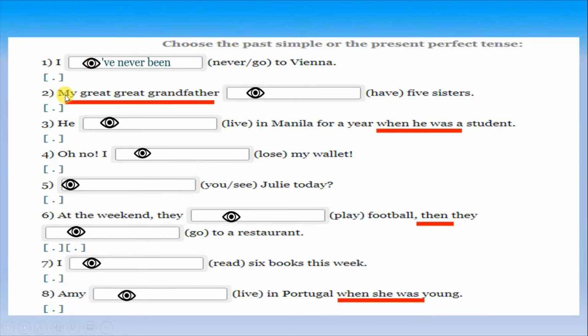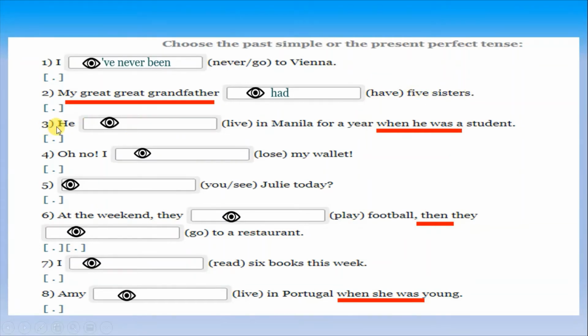Another example, my great grandfather have 5 sisters. You see here, grandfather, great, this is really past tense. My great grandfather had 5 sisters.